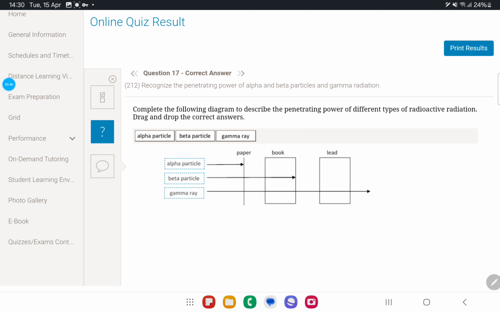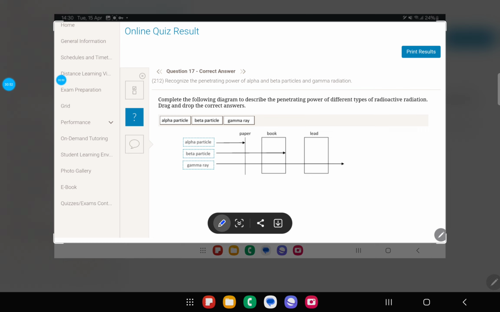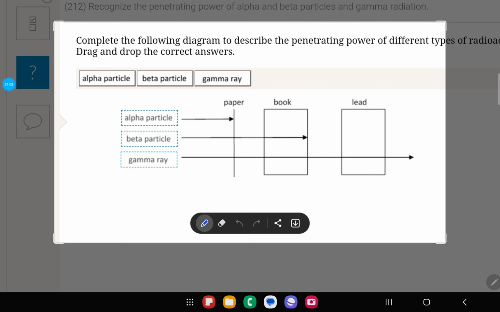So this is what I was talking about earlier, the penetration capabilities of each particle. Now, we'll need to compare and describe the penetrating power of each radiation. Let's start with alpha. We can immediately know that since it can't pass the paper, it stops here.